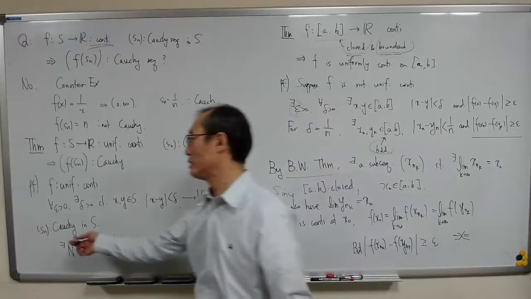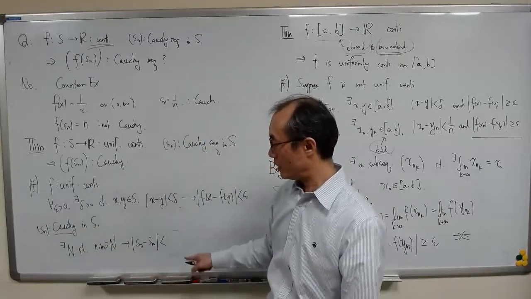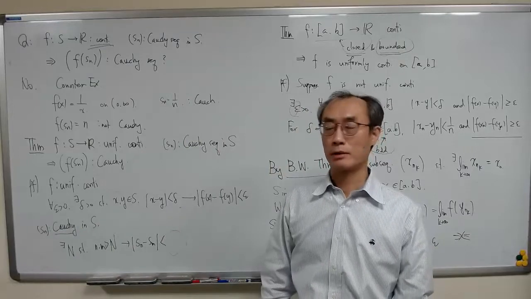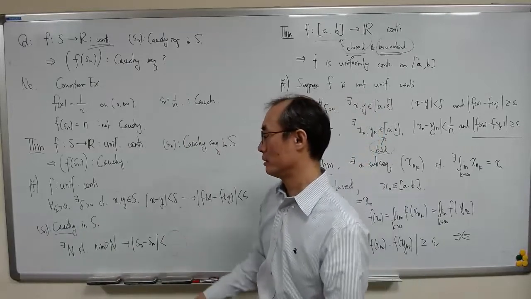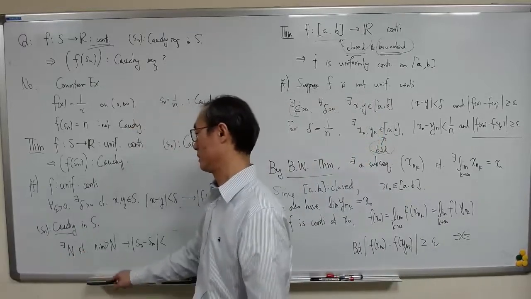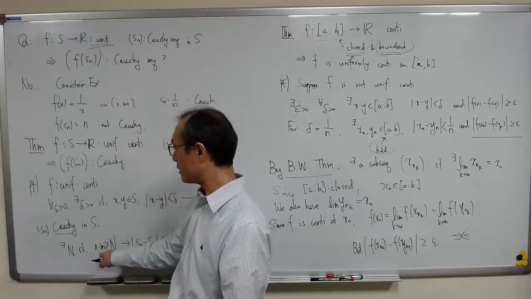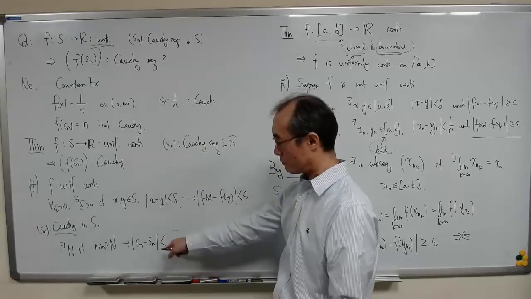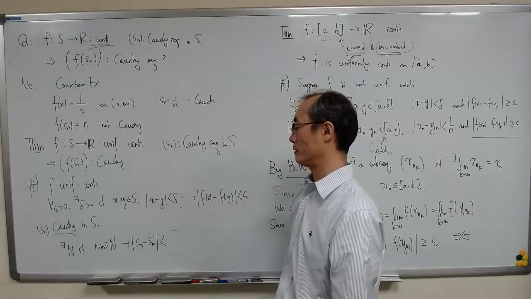The Cauchy property is usually stated with epsilon, but you can choose an arbitrary constant. For any constant, there exists a big number N, such that indices greater than N imply this kind of estimation.